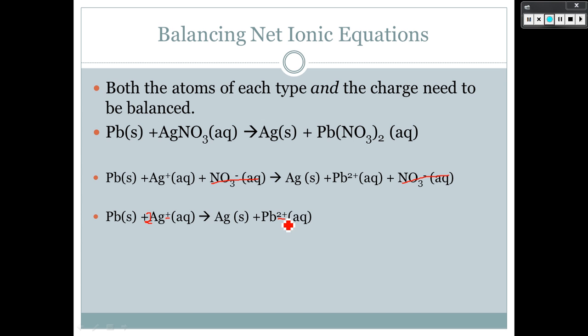But now our atoms of each type aren't balanced. We have 2 silvers and only 1 here, so we need to put a 2 in there, and now that's balanced. So it's solid lead plus 2 silver 1 plus ions, which are aqueous, yields 2 solid silver atoms plus 1 lead 2 plus aqueous ion.